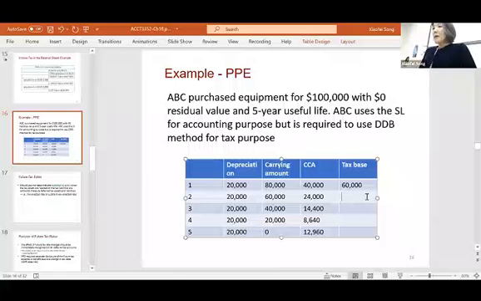So the tax base after the first year, after you deducted $40,000, is $60,000. Actually, there's a term for that. This tax base is UCC. In your tax courses, this is CCA, this is UCC, the undepreciated capital cost.